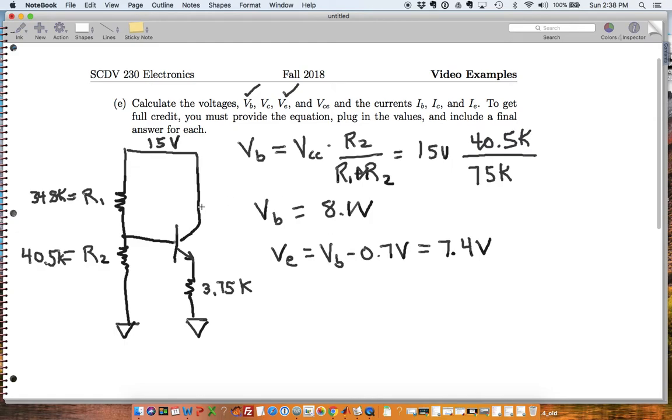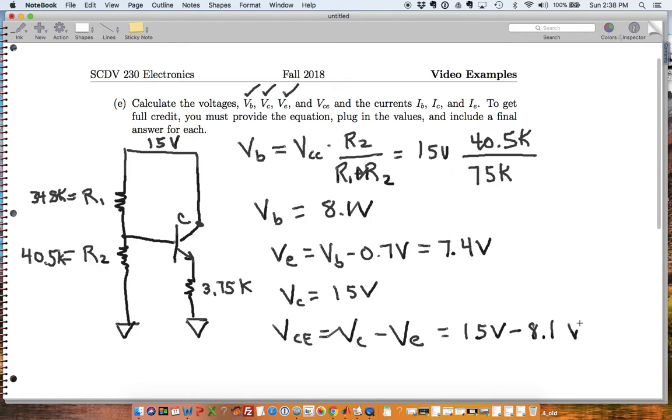VC is pretty easy, right? Because there's no voltage drop, so this is my C, right? It's connected to 15 volts. So my VC is equal to 15 volts. I got VC. So what about my VCE? VCE is equal to VC minus VE.